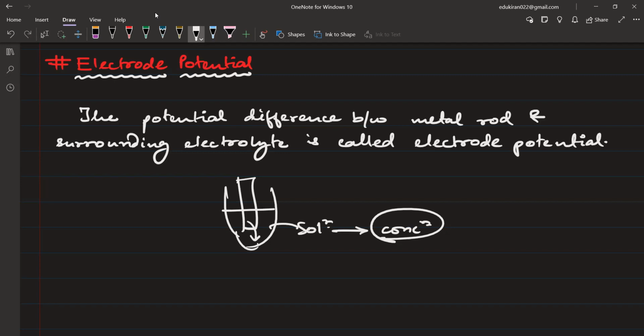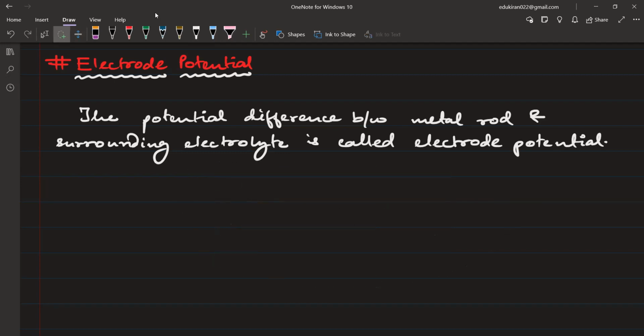So we have to have some kind of standardization. We standardize this electrode potential, and you write the first point in remark.